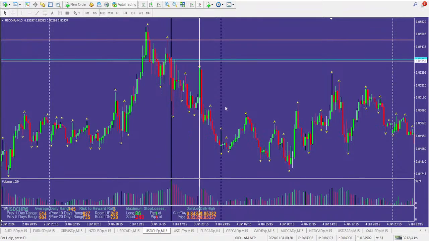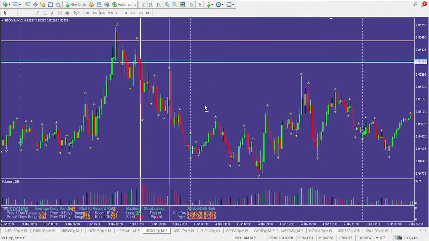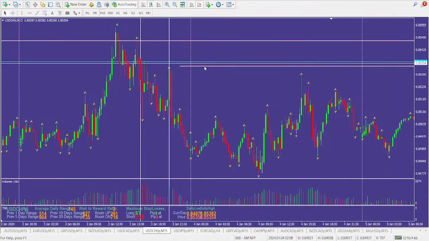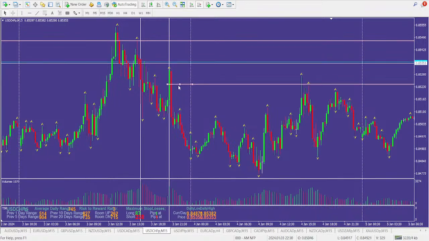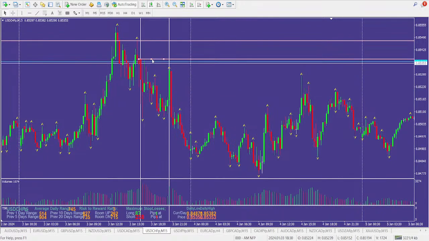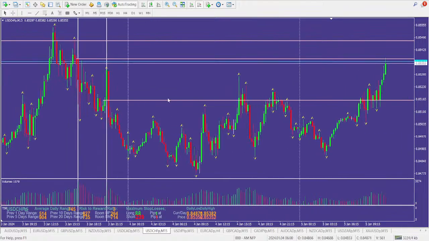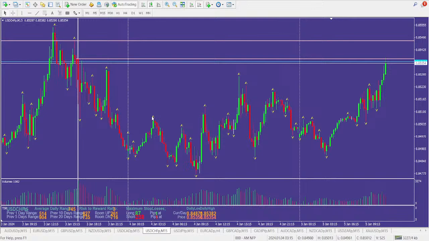And we have another level over here where price pushed down with high volume. So this is actually a supply level. So this is a supply, not actual demand. Then we've got this level here that, as we can see, price has broken. So this level is no longer relevant.